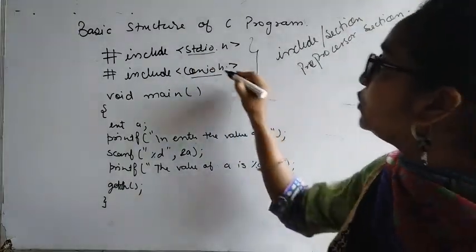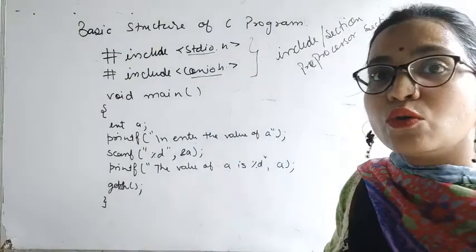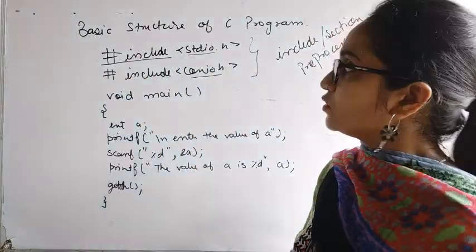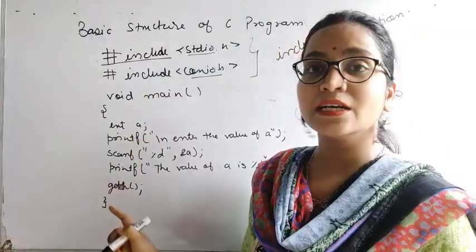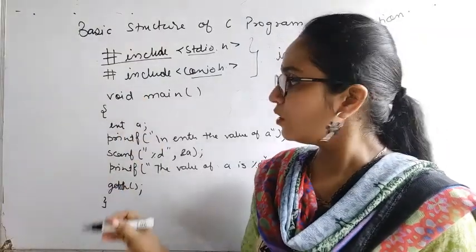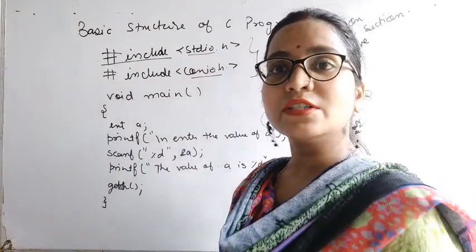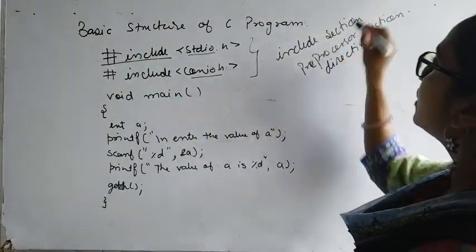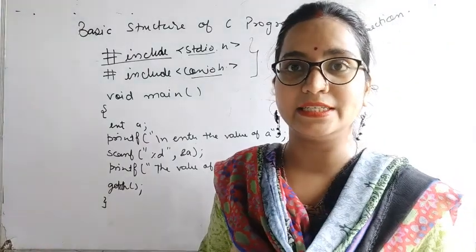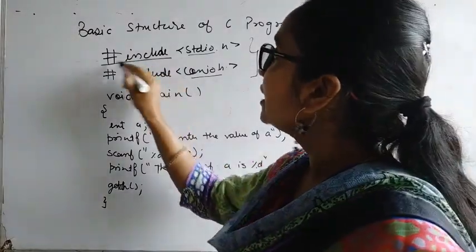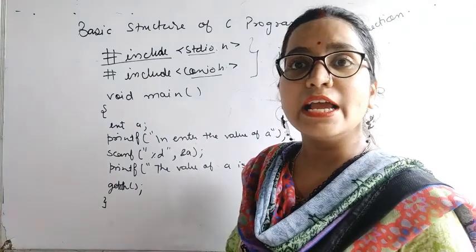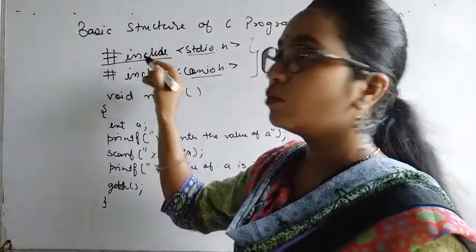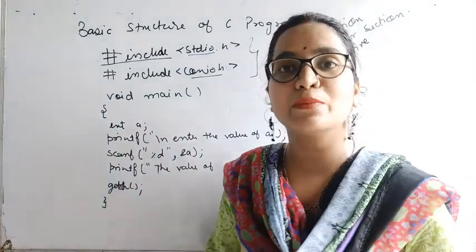If we want to use these header files, we have to write the preprocessor, that is hash include. So let us start with the first component, the preprocessor directive section, or include section. Every statement in a C program which starts with the hash sign is known as a preprocessor.